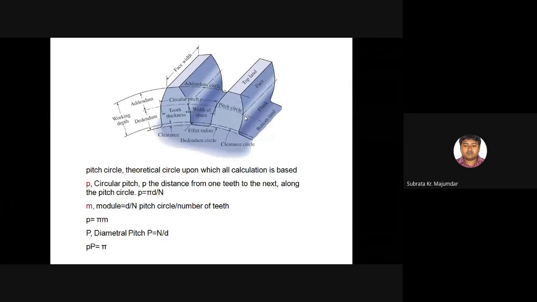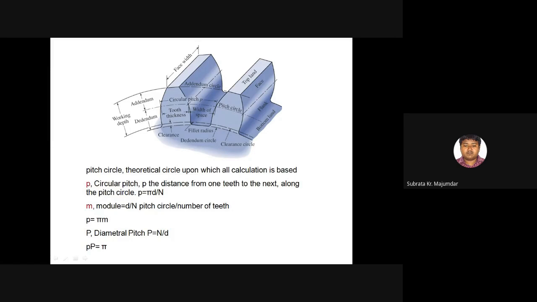Generally, the circular pitch is denoted by p suffix c, and mathematically the circular pitch pc equals pi d divided by T. This circular pitch is too much important for performing the mathematics.